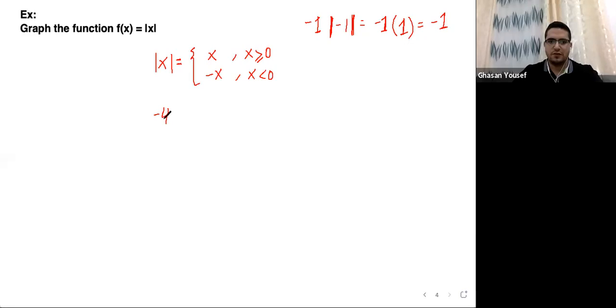The -4 is less than 0, so I have to multiply this number by negative outside, and the value is 4, positive. Again, what is the absolute value of -3? The -3 is less than 0, so I multiply by negative: negative times -3 equals +3. This is the definition of the absolute value.